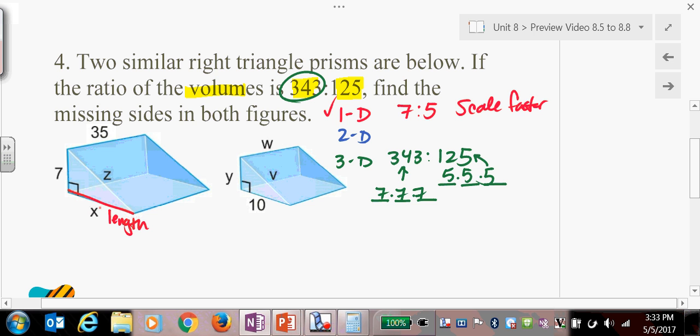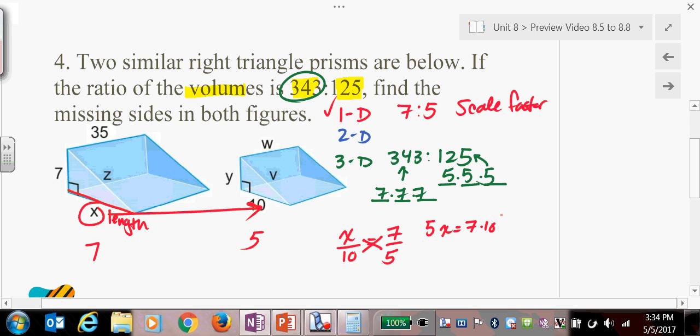So now we're going to use that to solve for our variables. Ready? We're going 7 to 5. So x over 10 equals 7 over 5. Cross multiply. Notice I didn't say 70 though, because the key to multiplying is not to multiply.